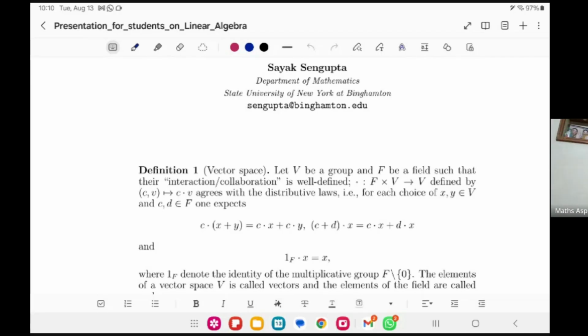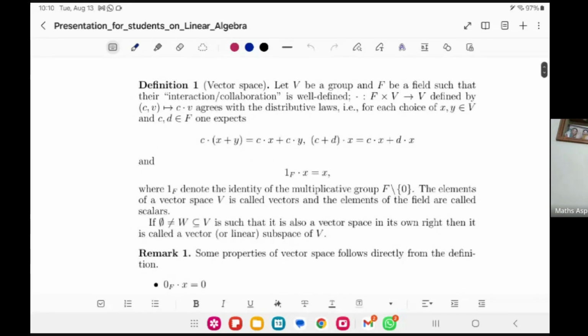During this session, if you have questions, please feel free to interrupt me, and I encourage you to ask as many questions as you like. So let's start with the very basics. What is a vector space?